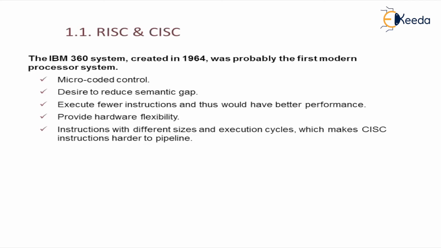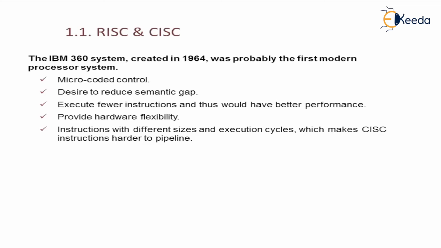The semantic gap means the gap that existed between the input and the output. So it was able to reduce it and execute faster. It was able to provide hardware flexibility, like you can expand and contract the hardware as per your requirement. And it was able to execute fewer instructions.